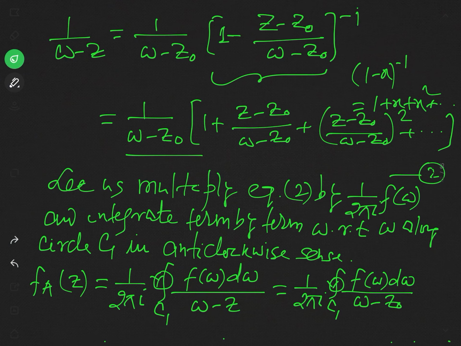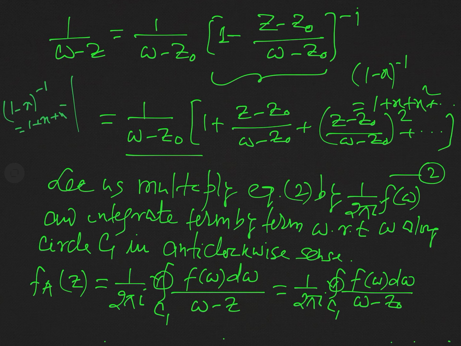Now since Z minus Z0 by W minus Z0 is less than 1, we can expand this. In fact, we can take a binomial expansion. You know, in fact, 1 minus x to the power minus 1 is what?